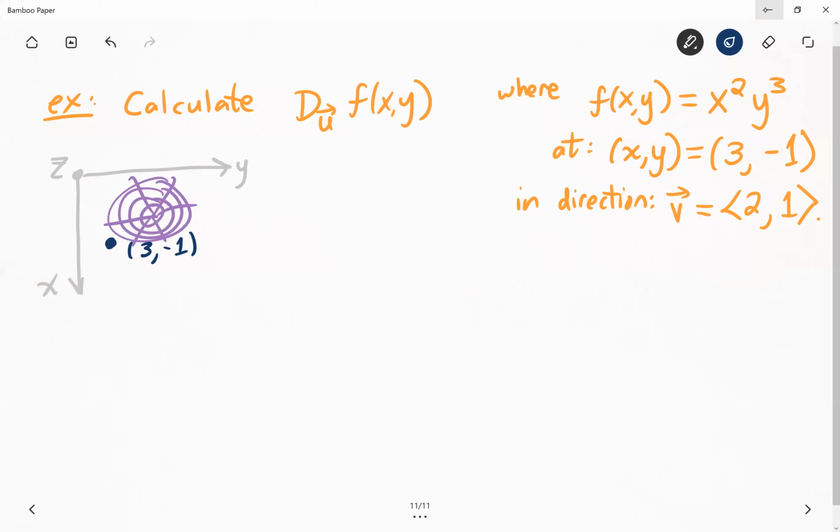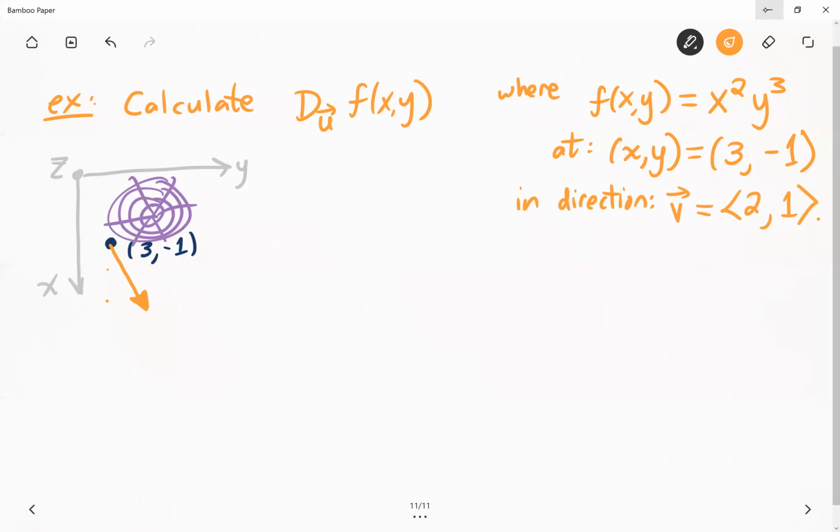Now, we could calculate the derivative in the x direction and the y direction. We know those are the partial derivatives, but we're really interested in the direction 2, 1. In other words, if you go over 2 on the x-axis and 1 on the y-axis, we're interested in the derivative in this direction. And we've learned that we can write that as a combination of the values of the partial derivatives.